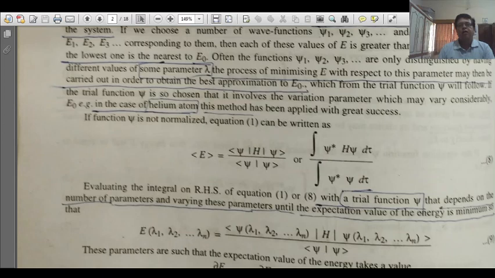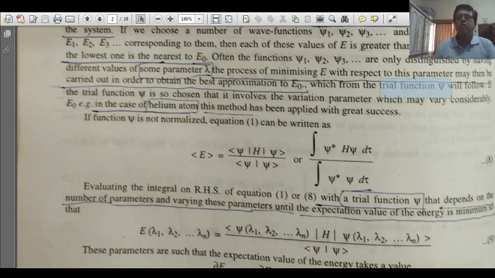The process of minimizing E with respect to this parameter lambda is then carried out in order to obtain the best approximation to E0 from the trial function psi.